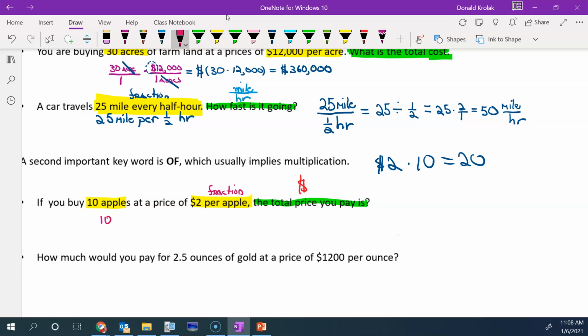So I just start with 10 apples, dot, and this gets written as a fraction, $2 over 1 apple. And now when I multiply those, the apples get canceled, and I'm left with just dollars.